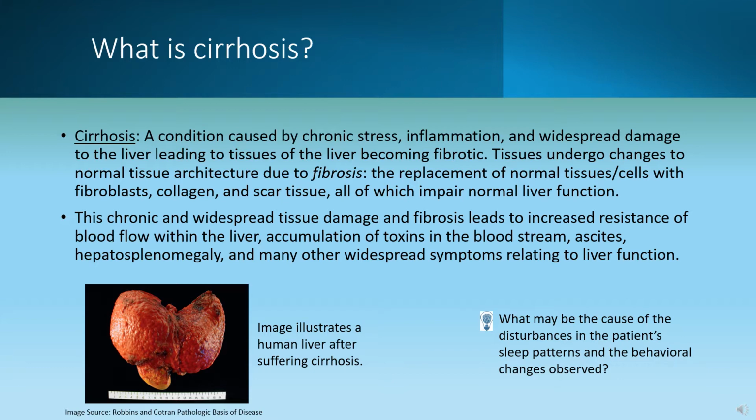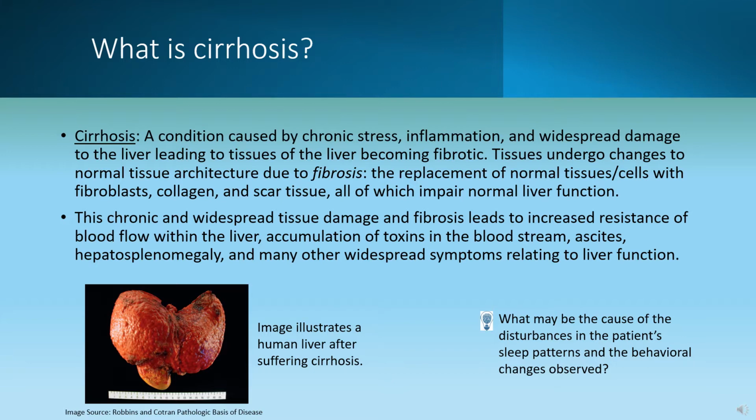The widespread damage and fibrosis leads to increased resistance of blood flow within the liver, which can cause portal hypertension or high blood pressure in the portal system of the liver, accumulation of toxins in the bloodstream, ascites, hepatosplenomegaly, and many other widespread symptoms and conditions related to liver function.